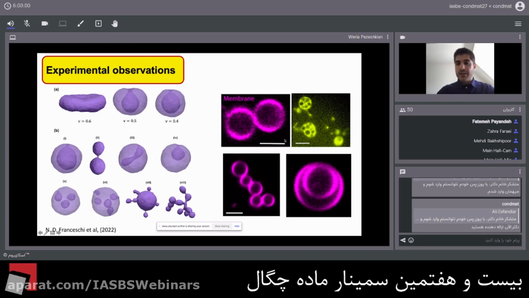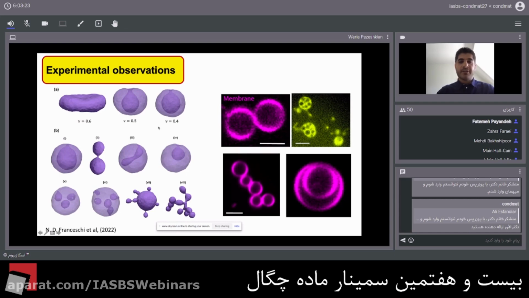They are quite well mimicking what we see in the experiment. One more thing to make clear is that without spontaneous curvature, you always see the stomatocyte structure. You never see a dumbbell shape.